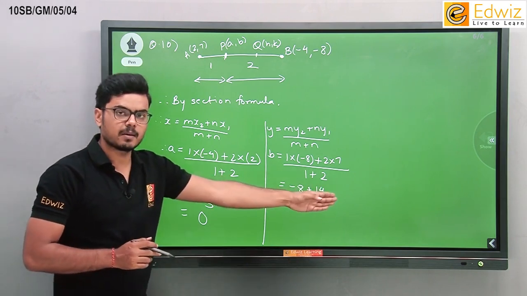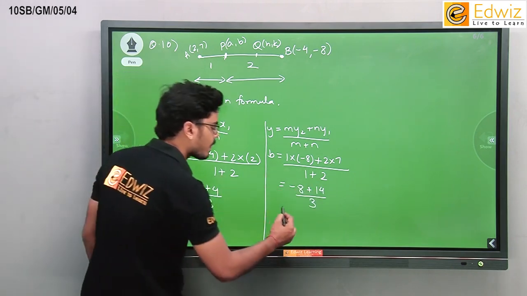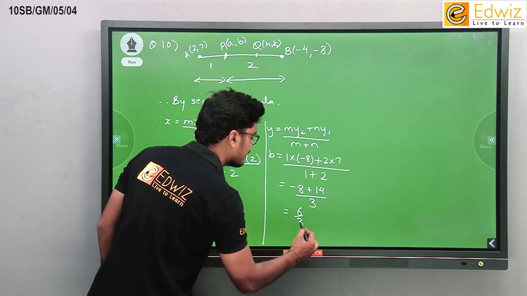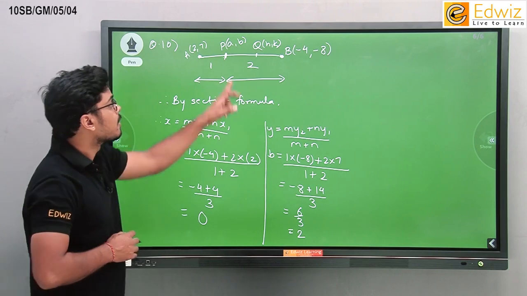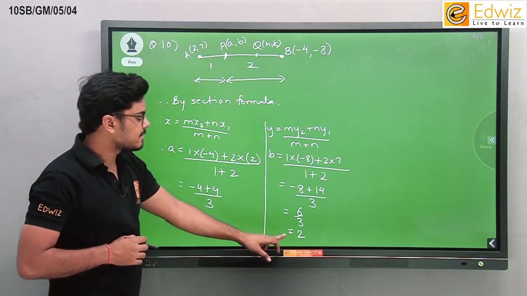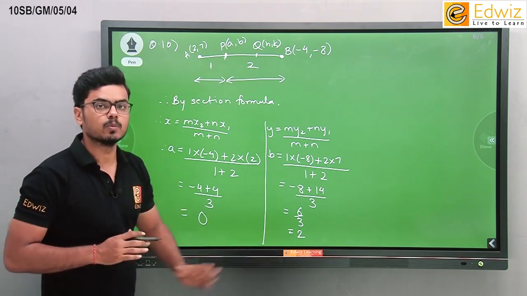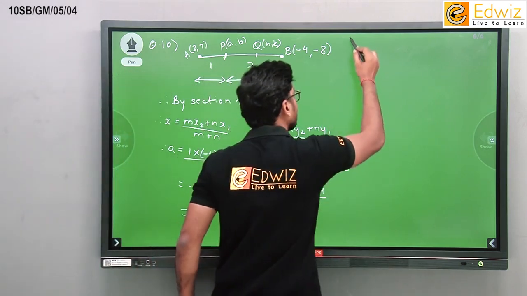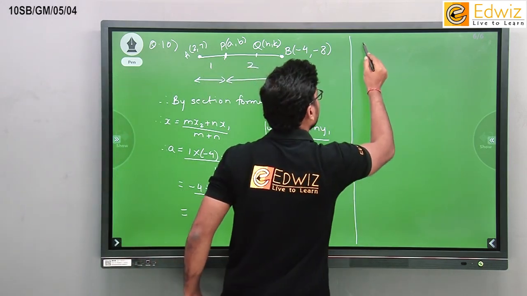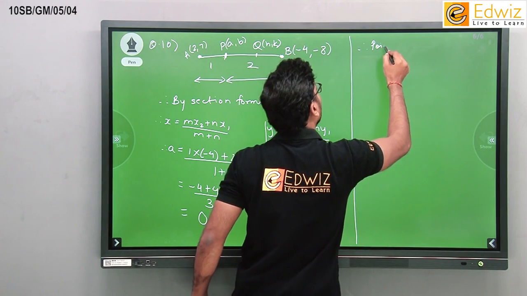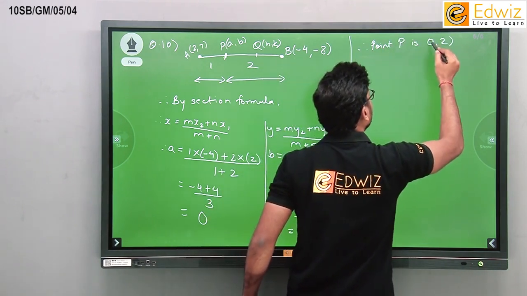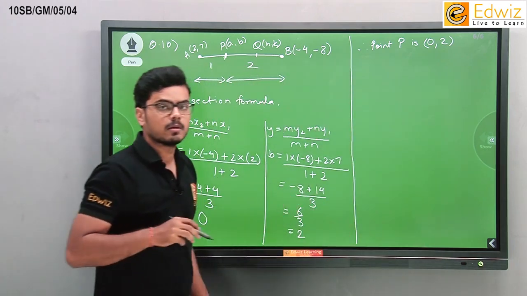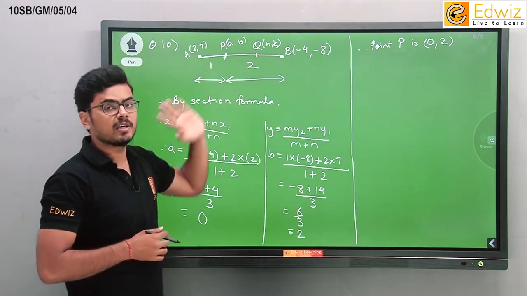The positive number is the bigger number, so plus 6 will come, divided by 3, so this is equal to 2. That means what? Point P is (0, 2), correct? Point P is (0, 2).